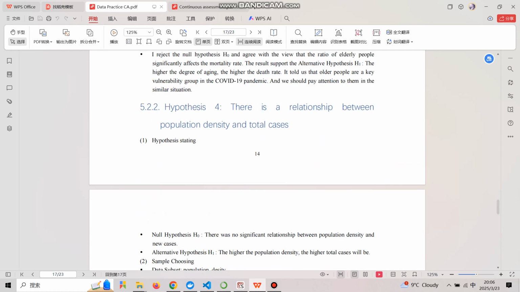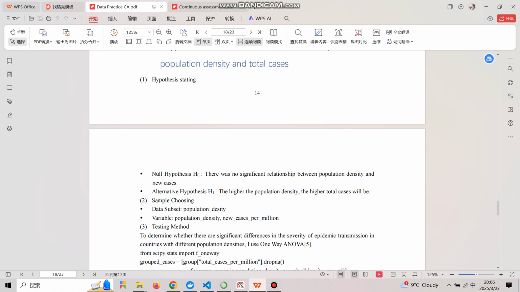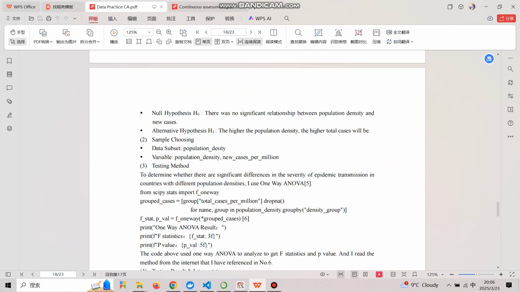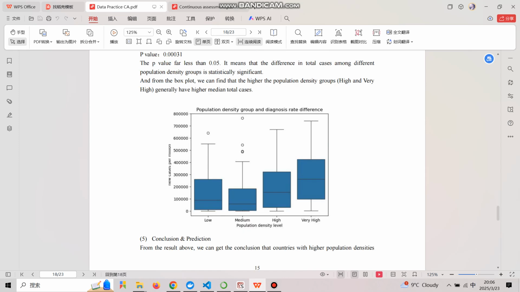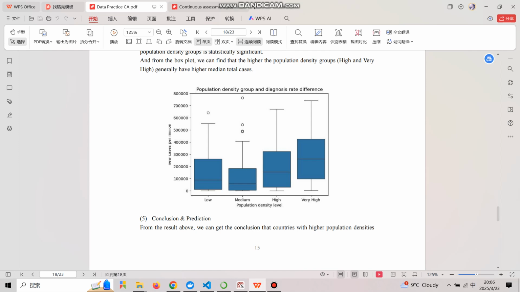When it turns to population density and total cases, the p-value shows it was significant, but the impact on the epidemic doesn't show a very significant influence, so it may be affected by other factors.